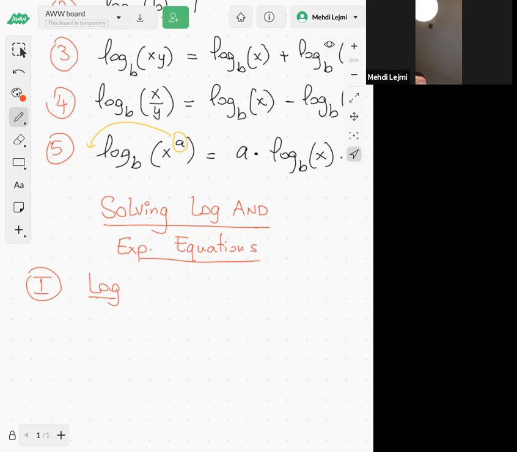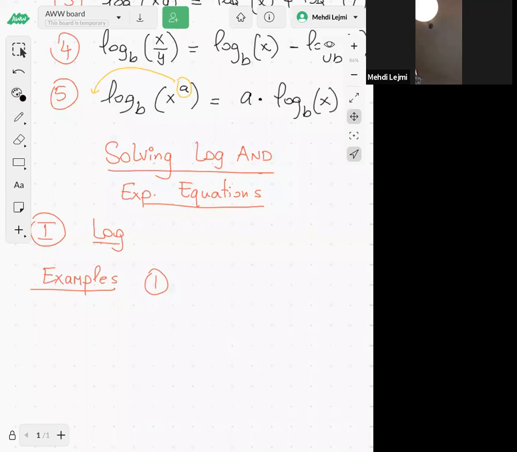Okay. I'm going to give you an example, first a very simple equation. Let's say you want to solve log in base 2 of 8 equal to x.